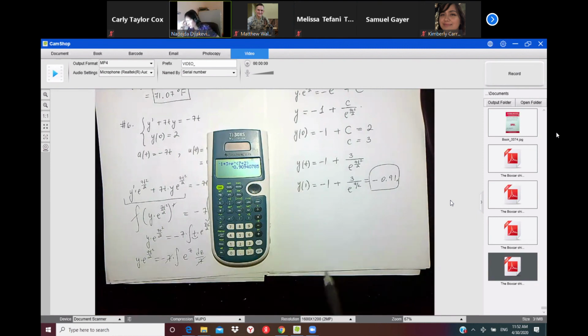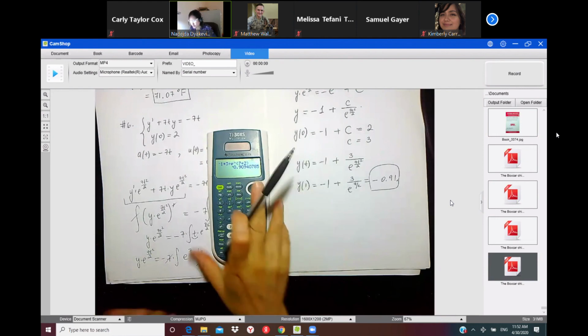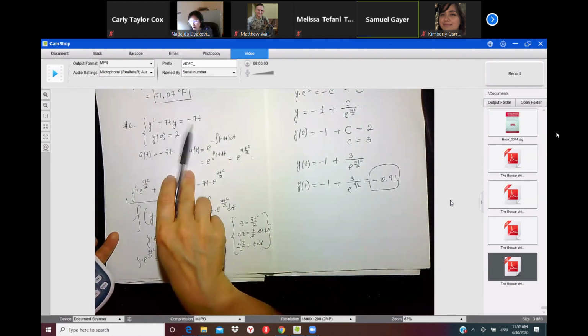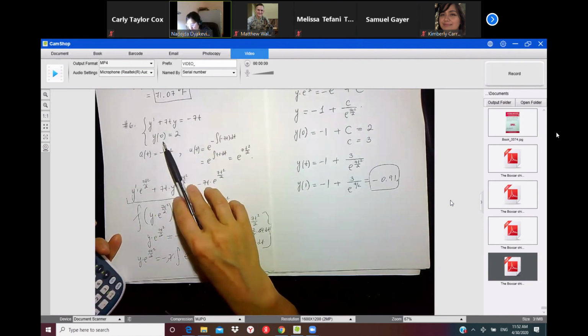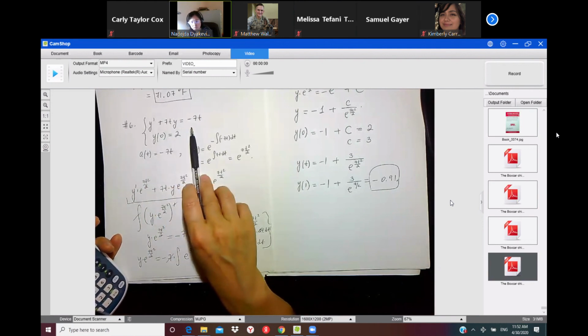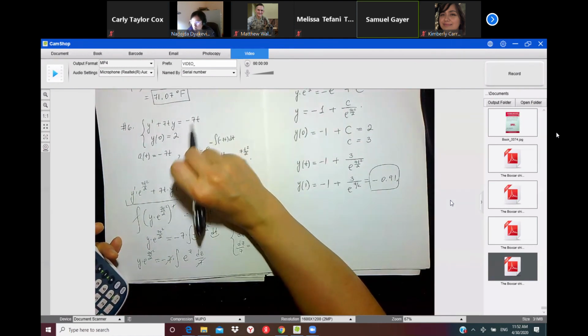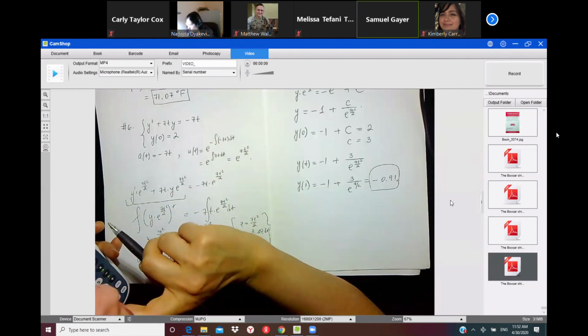So yeah, let me clarify. Are we talking about this problem here, number 6? Yeah, but mine's different. So you have a different equation, right? Slightly different numbers. Yeah, mine's y prime plus 13ty equals -10. Okay. And then y of 0 equals 13.